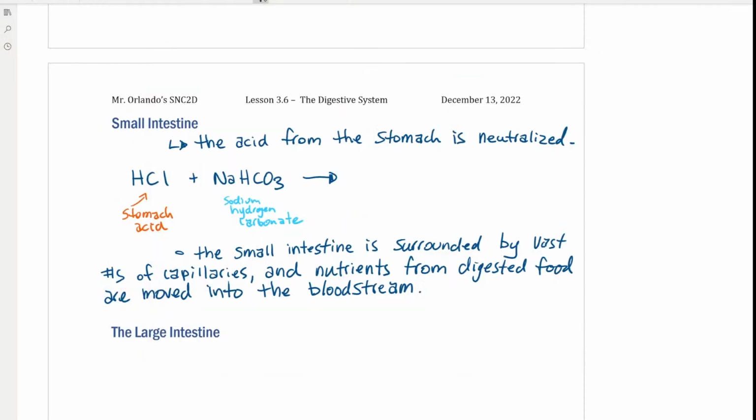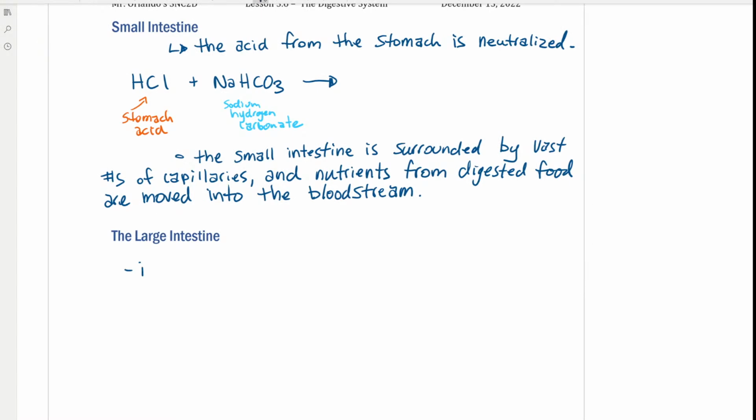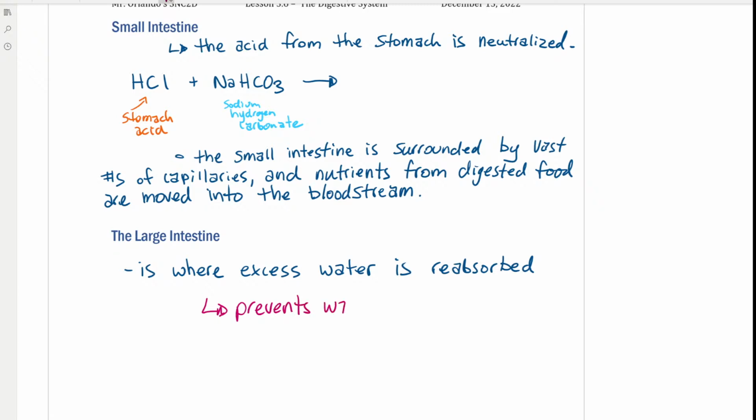The large intestine is where excess water is reabsorbed, and this does two things. One, it prevents water loss and dehydration.